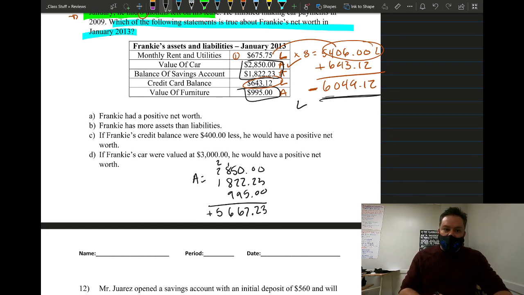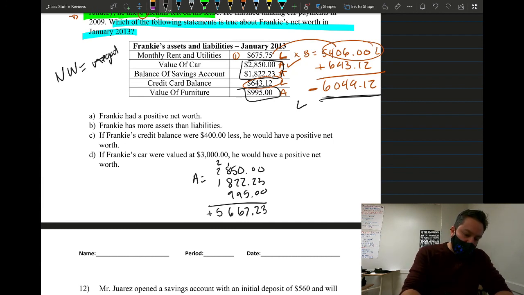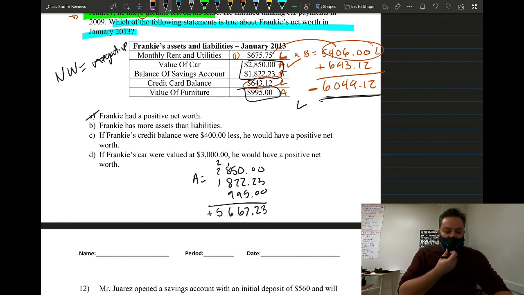Yes. So therefore, the net worth is going to be negative. Net worth is actually negative. So it's not A. Then it says Frankie has more assets than liability. We already said no. So that's not B. These are the assets, and this is the liabilities.